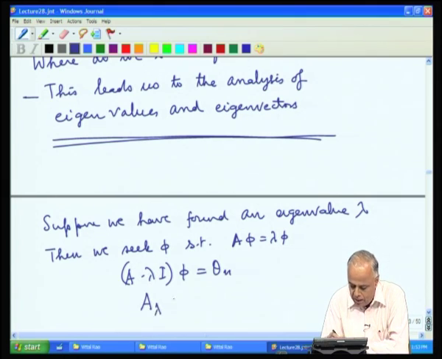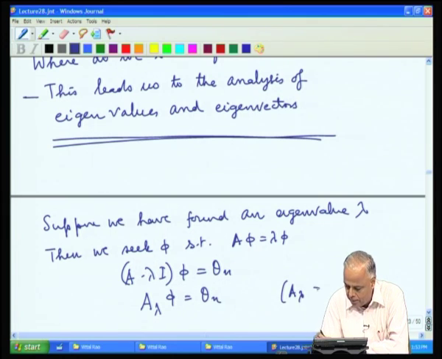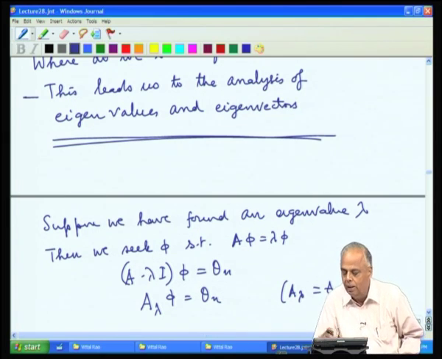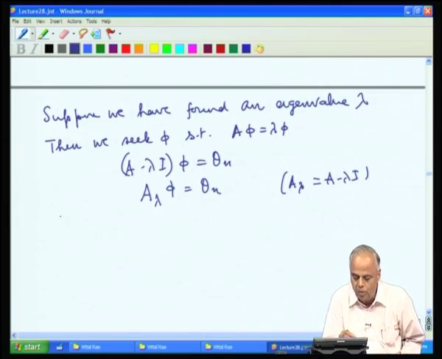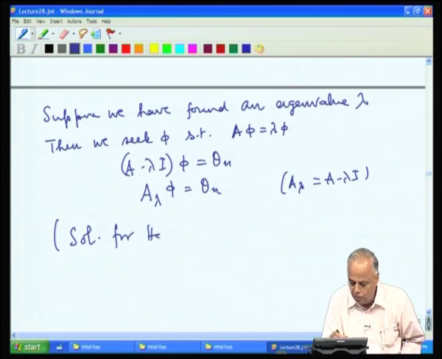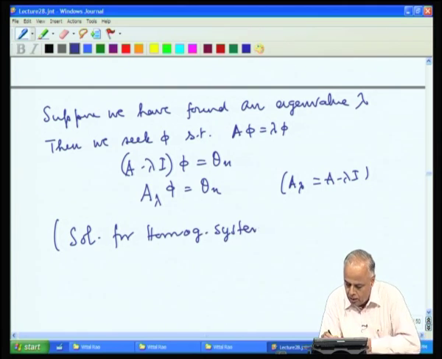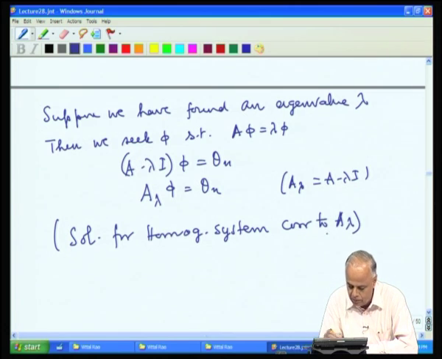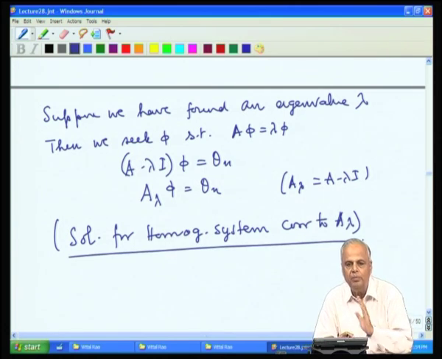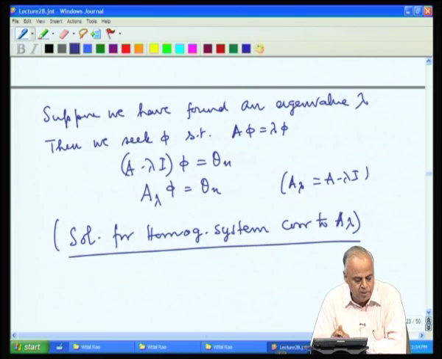Or if we call that matrix A lambda, which is A minus lambda I, then it boils down to finding the solution for the homogeneous system corresponding to A lambda. Therefore, that is a fairly easy job.